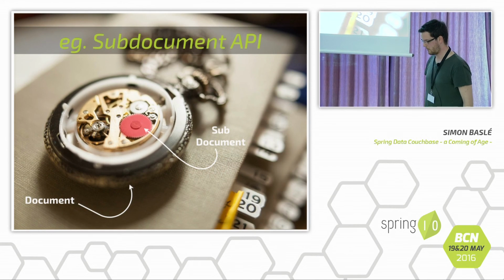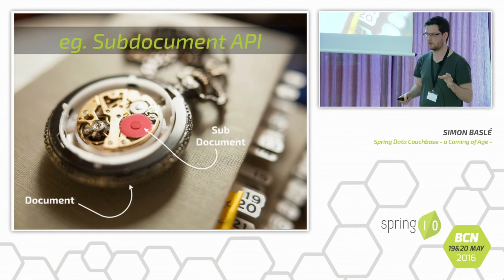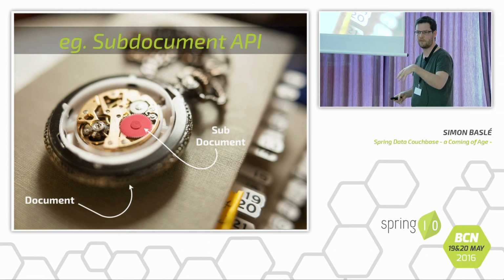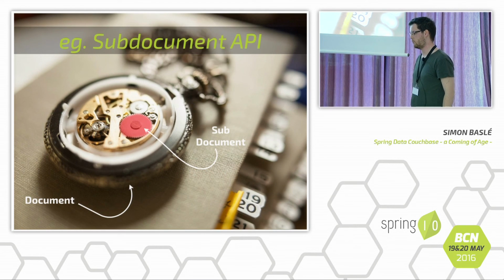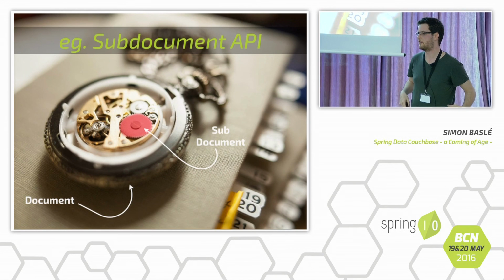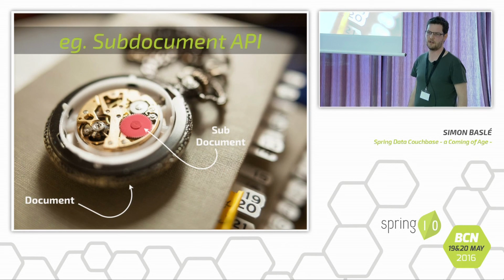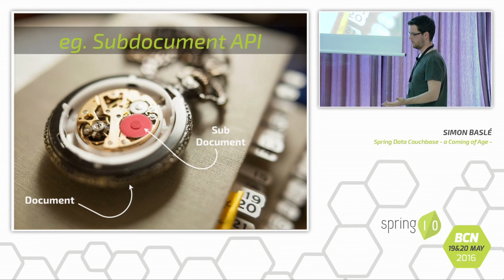The goal of this API on the server side is that if you want to make a small modification to a JSON document, deep within your document, you want to avoid having to retrieve the whole document, mutate it on the client side, and then send back the whole document. If the document is really large, this basically wastes a lot of bandwidth. So SubDocument allows to do that.